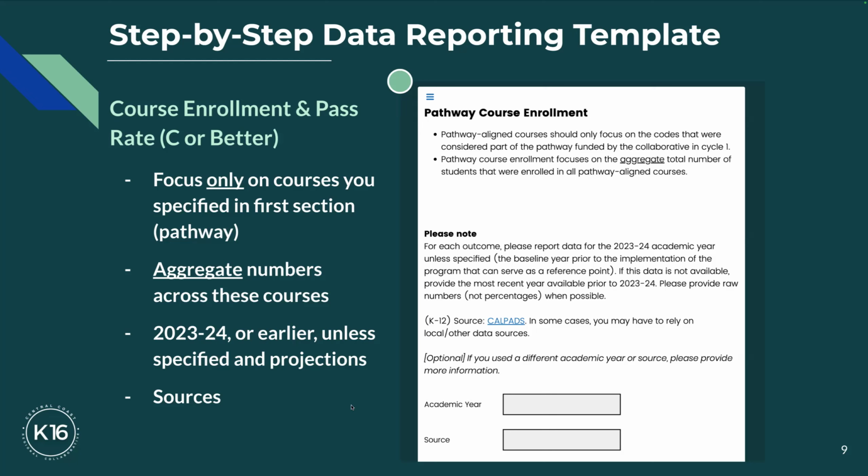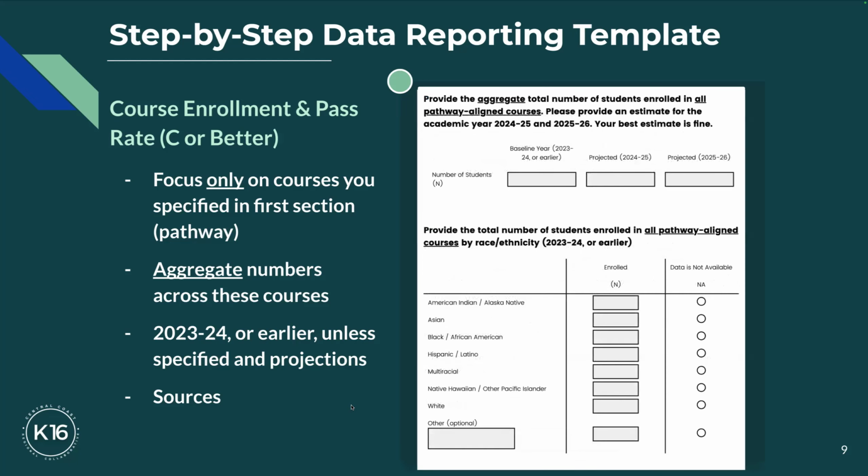So yes, this is looking at pathway course enrollment. This is still in that section. So here, this is what this looks like. You're reporting the first baseline year, the number of students aggregately across all those courses, how many were enrolled.